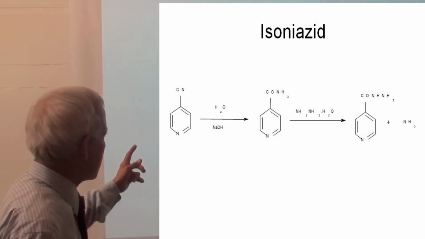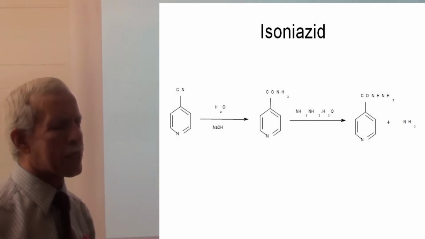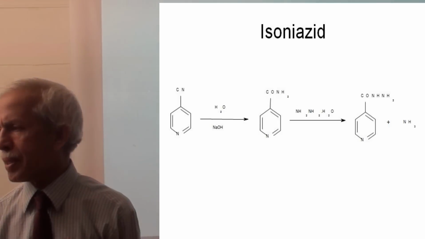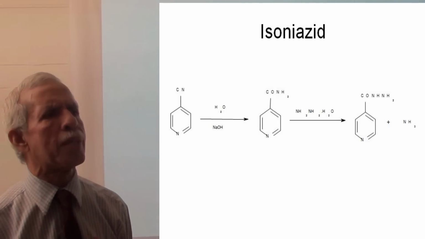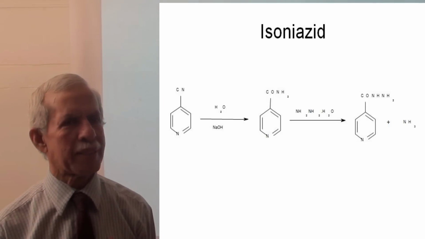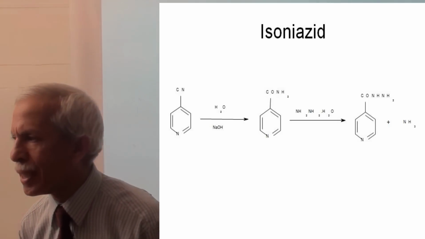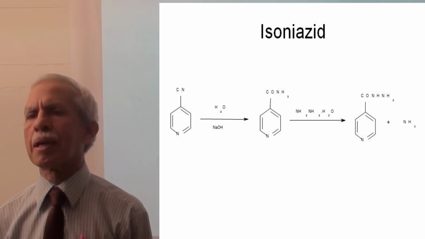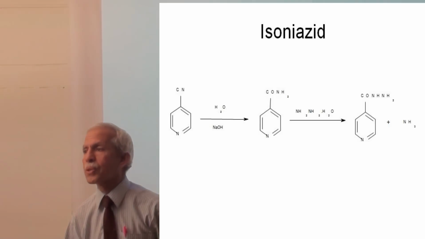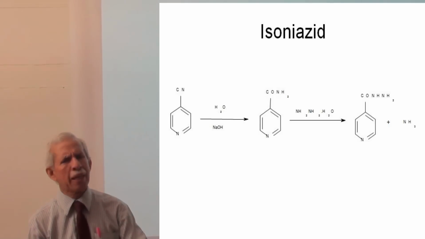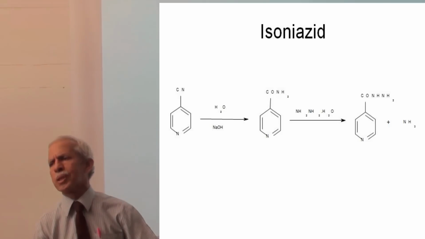Isoniazid is a pyridine derivative, with a carboxylic acid at position 4, that is isonicotinic acid. When we convert the isonicotinic acid into a hydrazide, isonicotinic acid hydrazide, any undergraduate student can do this synthesis.